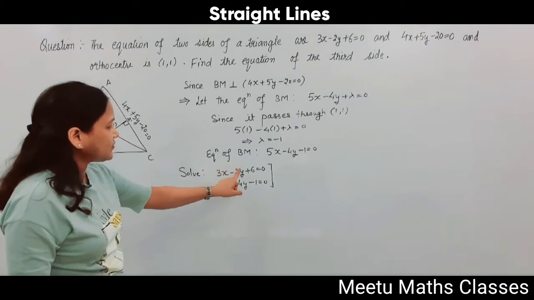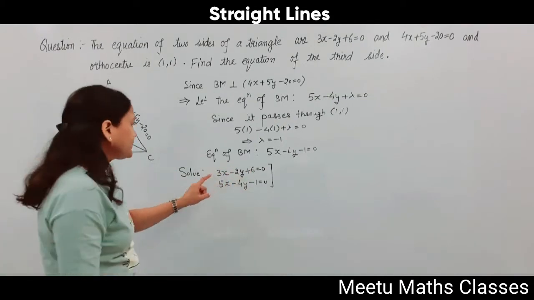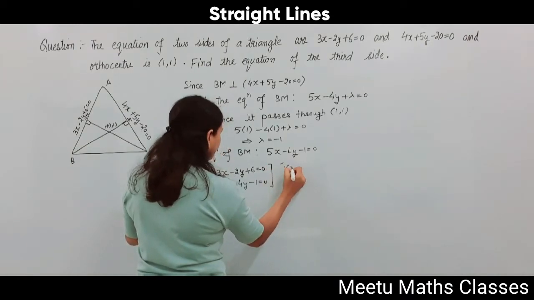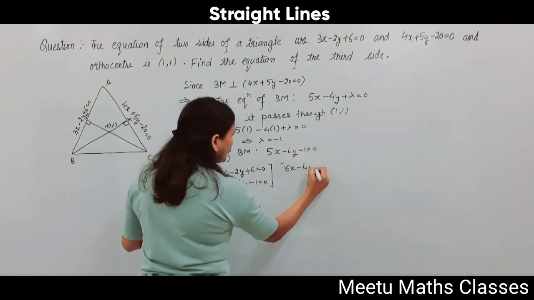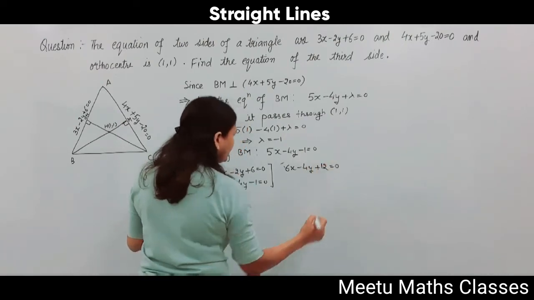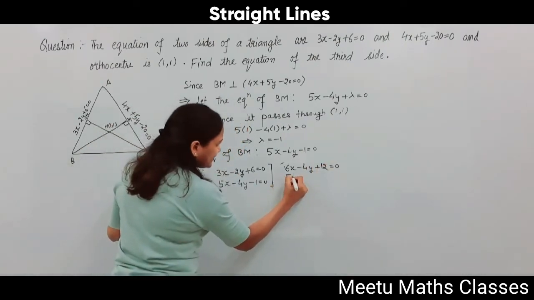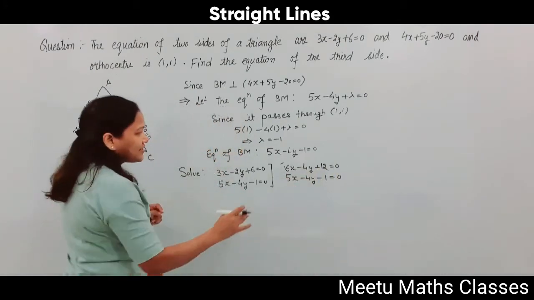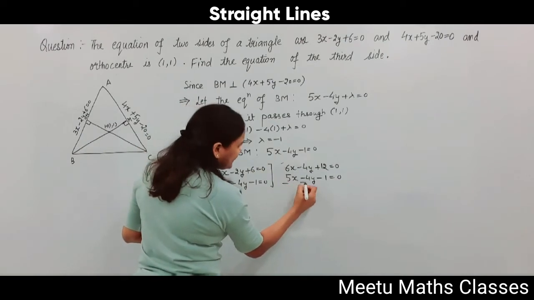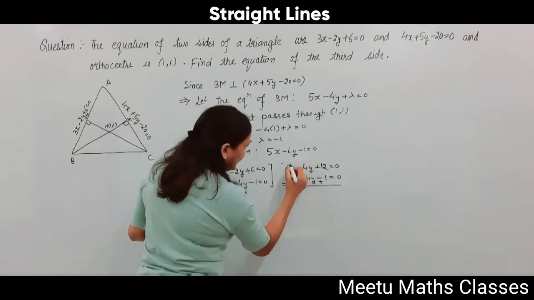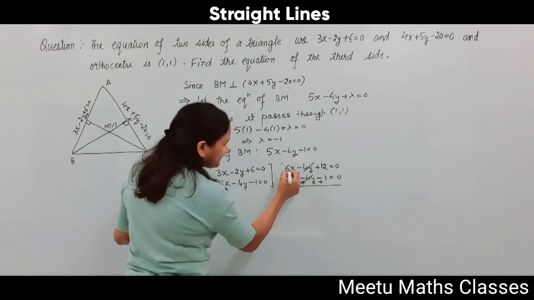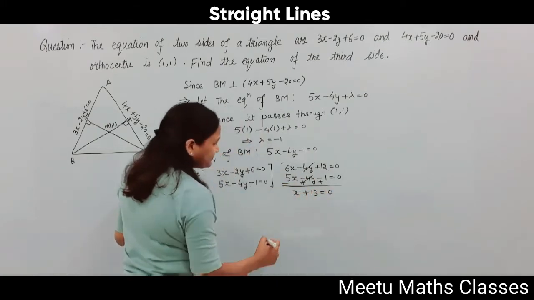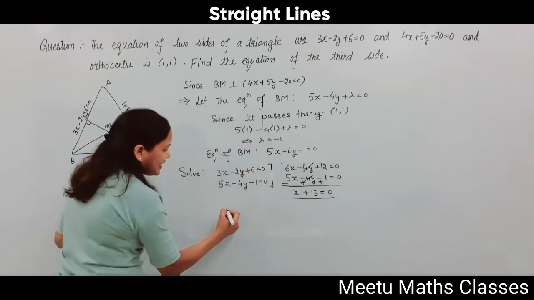Multiply the first equation by 2, then you will get 6x minus 4y plus 12 equals 0, and write the other as it is. Now subtracting, we get x plus 13 equals 0.